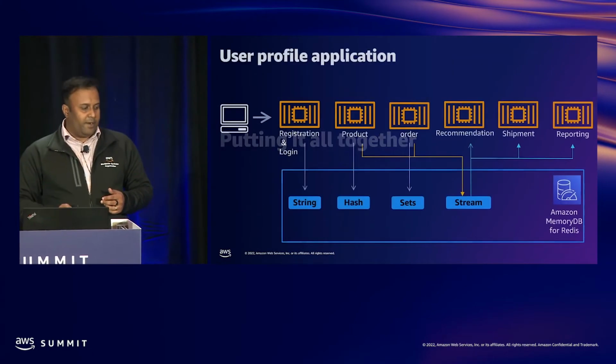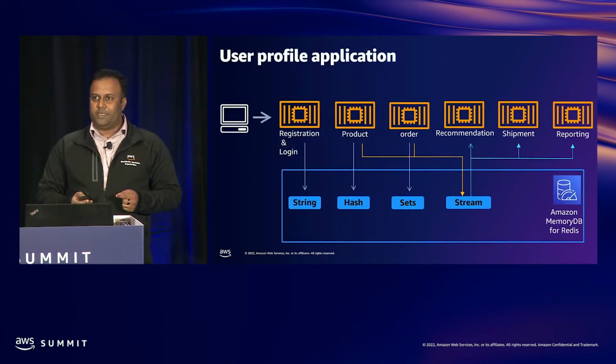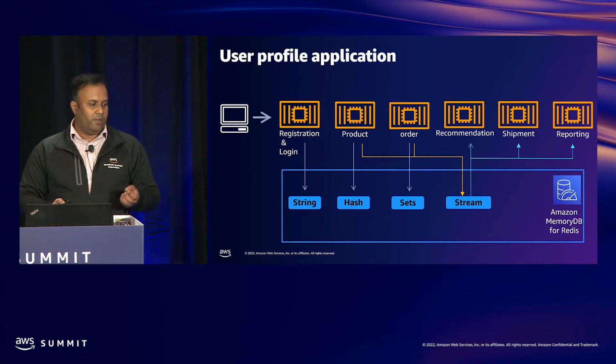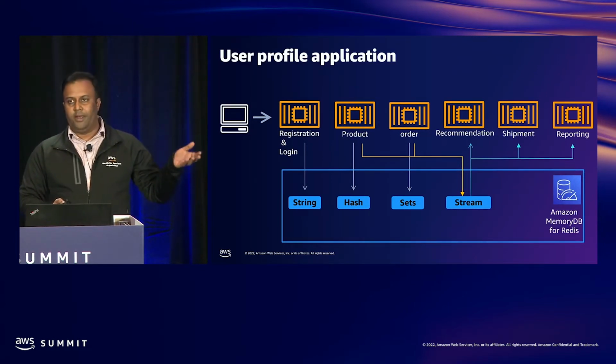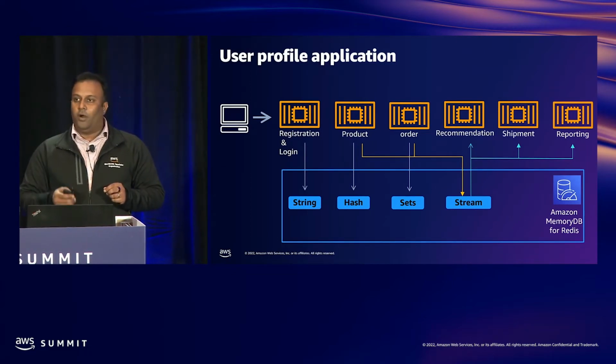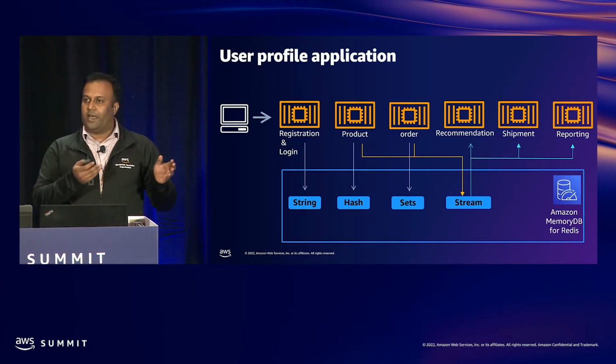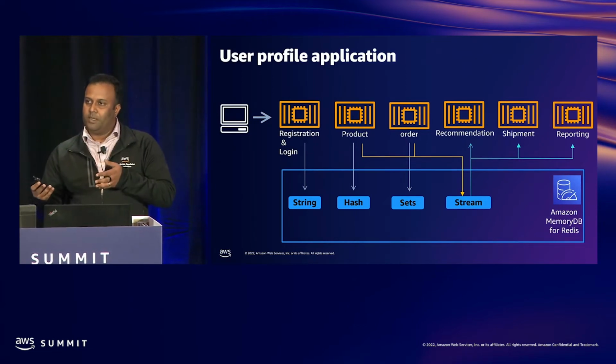So, putting it all together for the demo, which we're going to see in a little bit. We have a registration workflow. All the data related to that is stored in hashes and strings. The product details are stored in a hash data structure. And all the user activity, whether it is interacting and clicking through some products and ordering a product, all of that activity is captured in a stream.